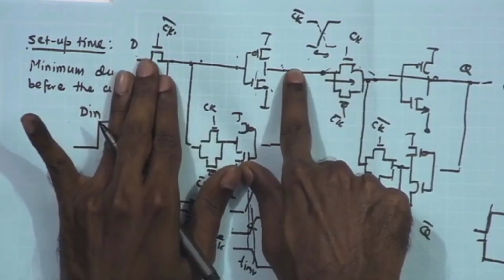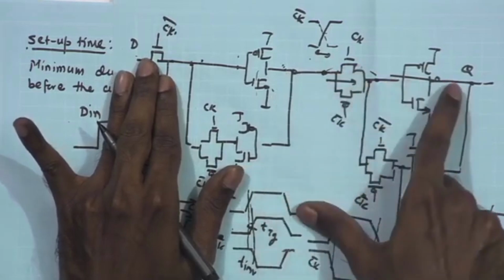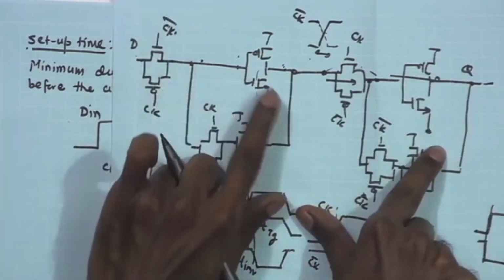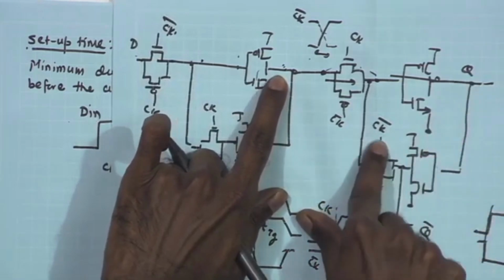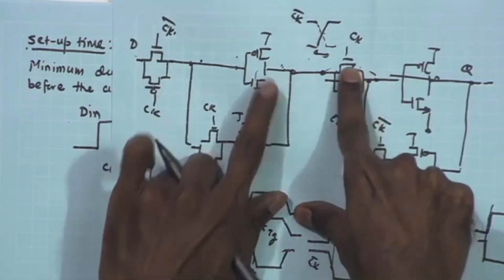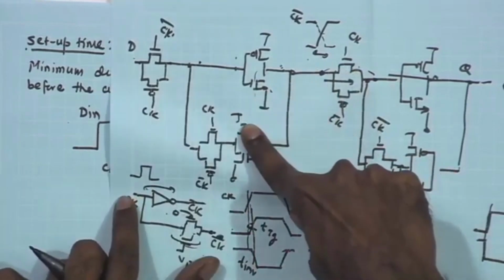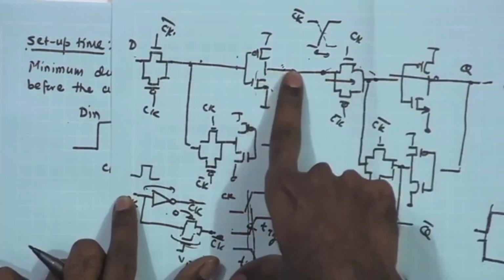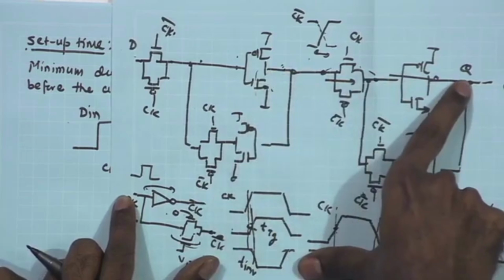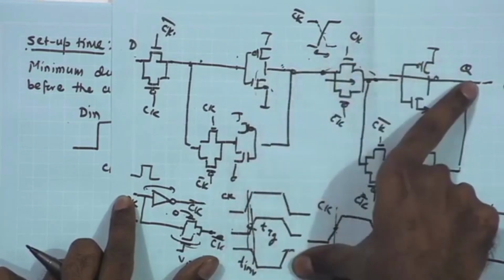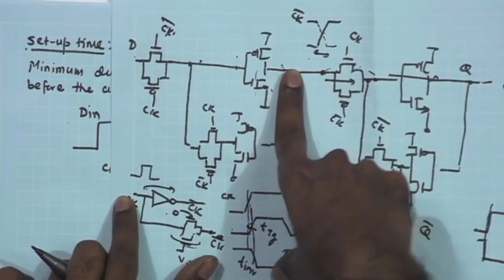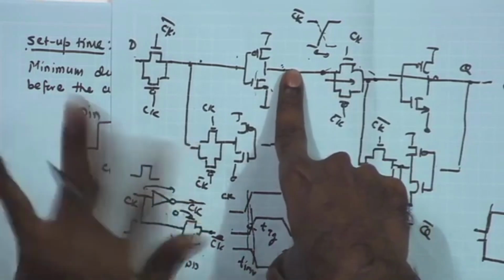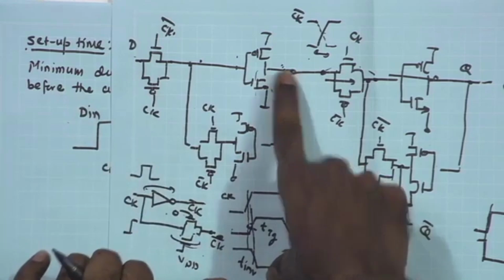If this turns off slightly more quickly as compared to this, and you have the data over here well settled and the data over here is not settled, whatever data was available over here will have the on path and it will try to drive it towards the higher value. So, the value over here can get dictated by the output node, rather than this point writing to the output node, this can end up writing to the master latch, thereby reversing the master slave operation.